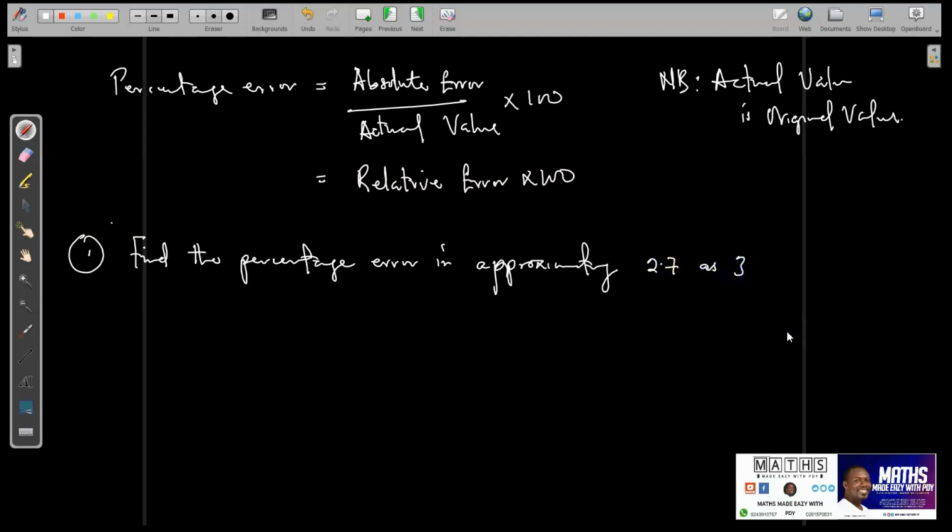Number two is find the percentage error in approximating 4.5 as 6.